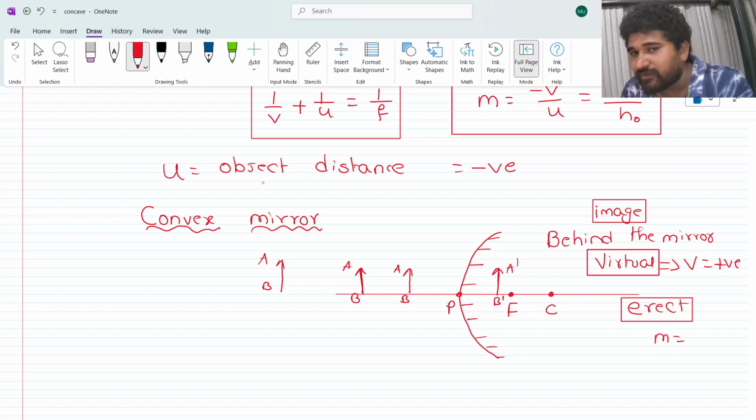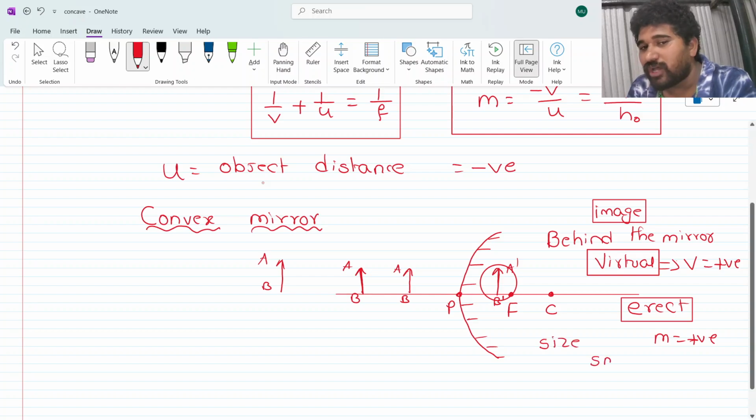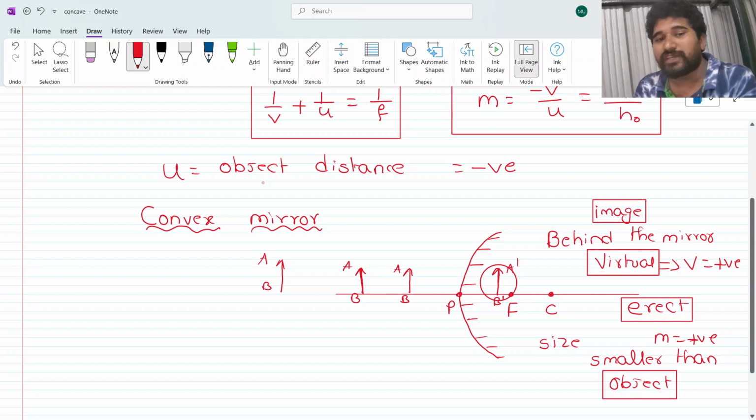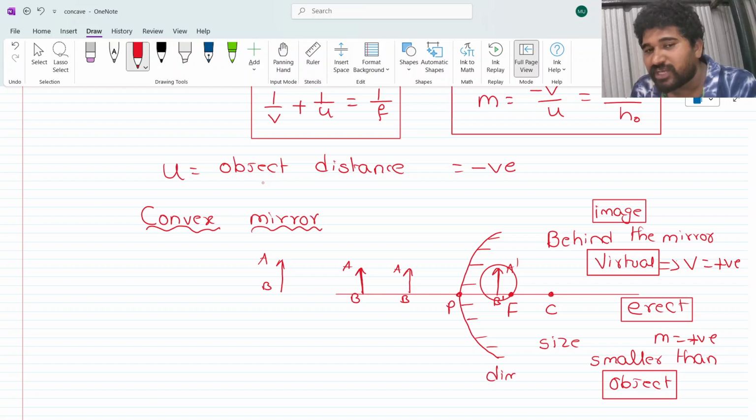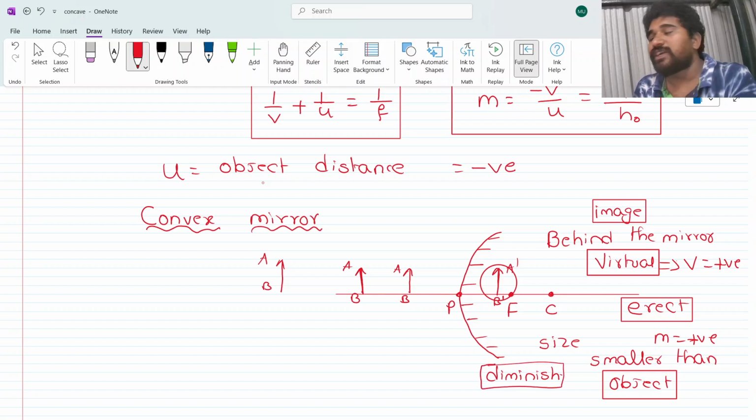Erect means M is always positive. And one more thing you have to remember: whatever image is formed, its size will be smaller than the object. It should always be compared. So the image is always smaller than the object. That means it is going to be diminished.